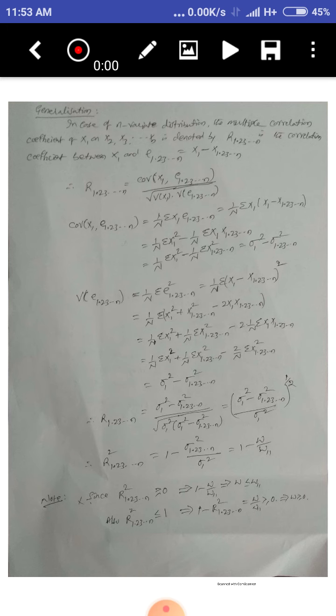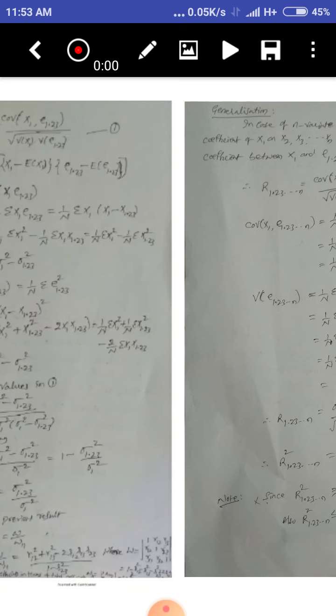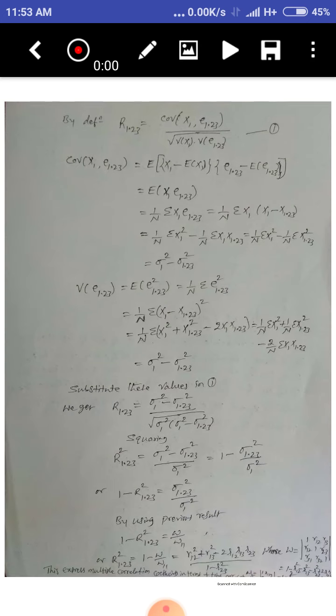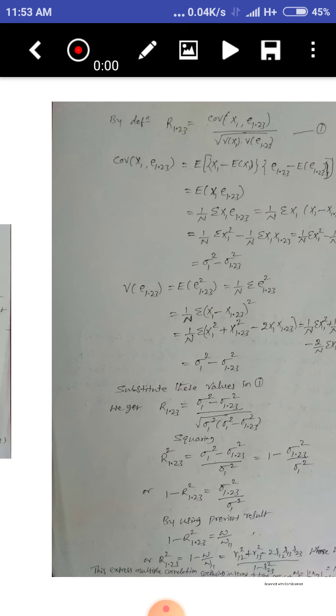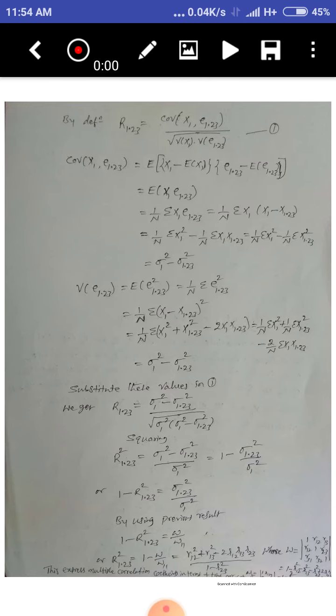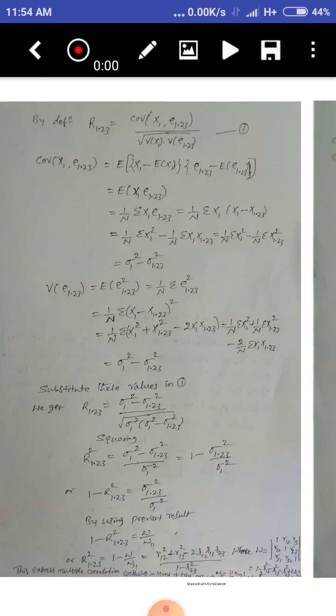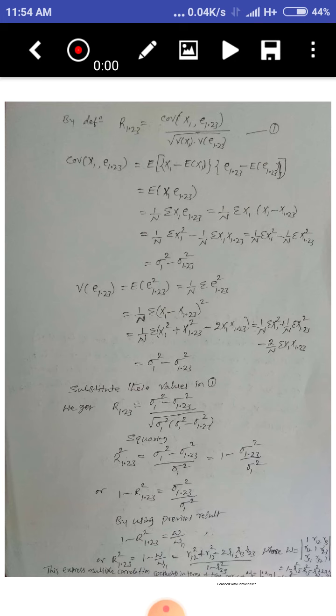Similarly, we find the variance of E1.23, which equals expectation of E1.23 square minus the square of the expected value, which is zero. So we get 1 upon n summation E1.23 square, that equals 1 upon n summation x1 minus x1.23 whole square.